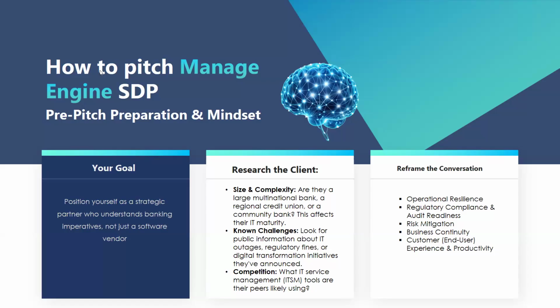We also determine the features or the edition they are going to go with. So it's important that you do this needs analysis, to understand what the client has, how big the client environment is, and also understand what their challenges are. If you can get all this, you'll be able to position the ManageEngine solution.